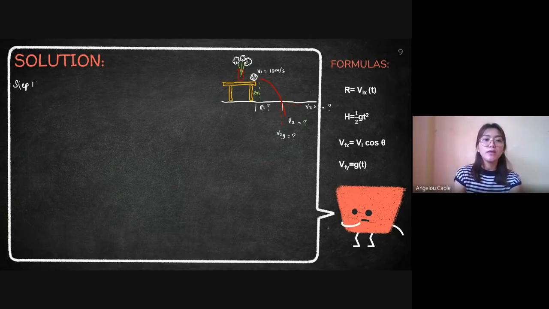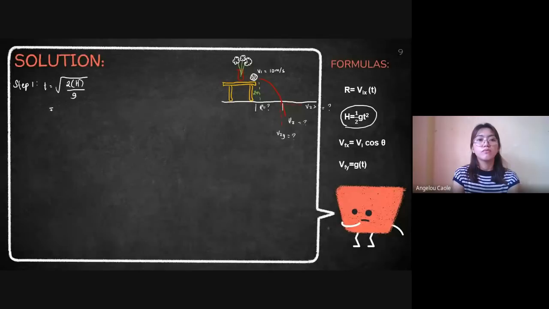Step 1, from this equation, we have T is equal to the square root of 2H divided by G. And then substitute 2 times height, that is 2 meters, divided by 9.8 meters per second squared.